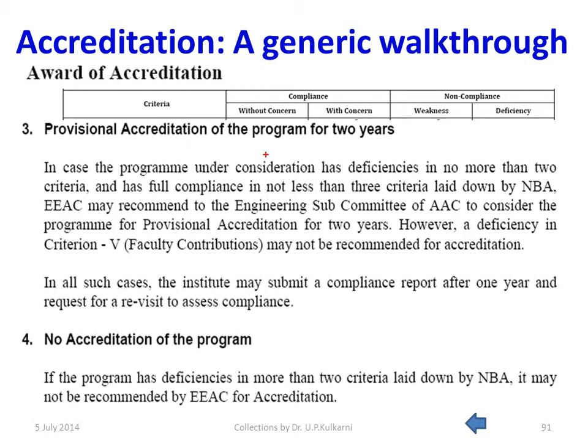Provisional accreditation of the program for 2 years is given in case the program under consideration has a deficiency in no more than two criteria and has full compliance in not less than three criteria laid down by NBA. No accreditation of the program if the program has a deficiency in more than two criteria laid down by NBA. It may not be recommended by the committees.